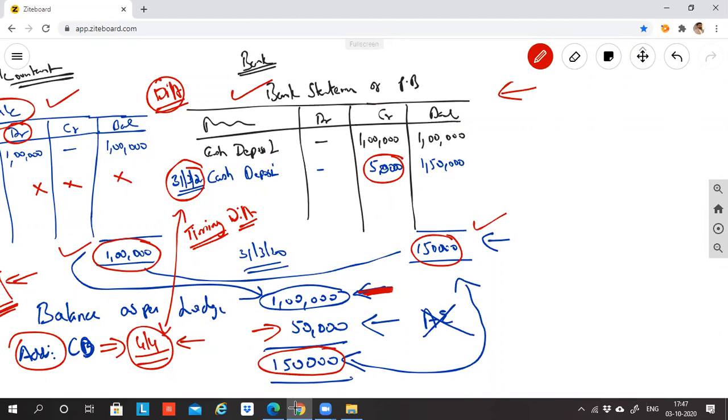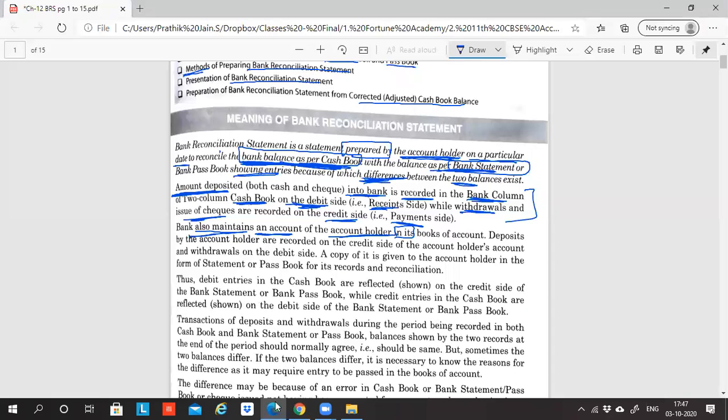The banker is also required to maintain books of account. So he will make a statement that this gentleman is your customer, and in this customer's account, how much money came in, how much money went out, everything has to be recorded and maintained. So he will prepare another account. Bank also maintains an account of the account holder in the bank's books of accounts.